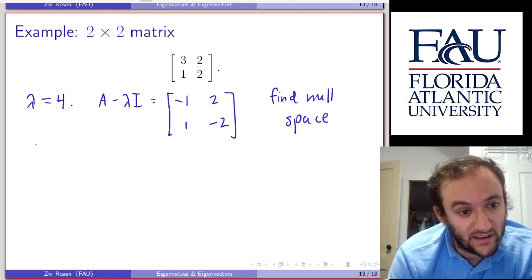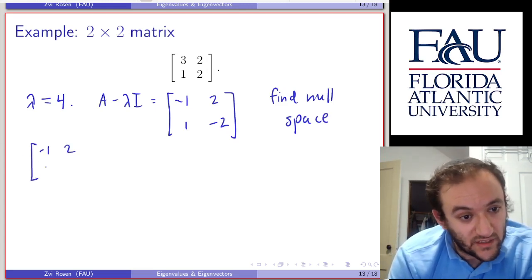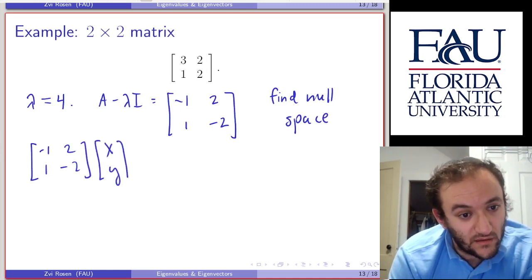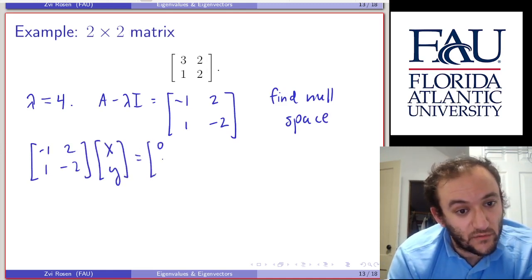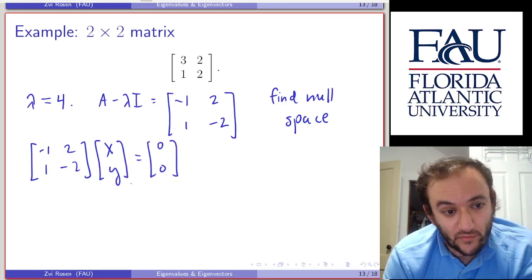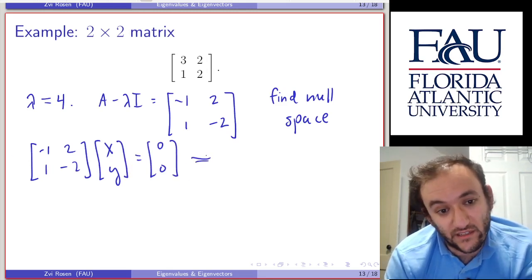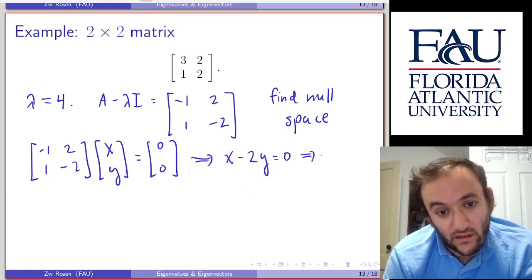And to do that, again, this is just [[1, -2], [1, -2]] times (x, y) equals (0, 0). So both of these equations translate into x minus 2y equals 0, or x equals 2y.